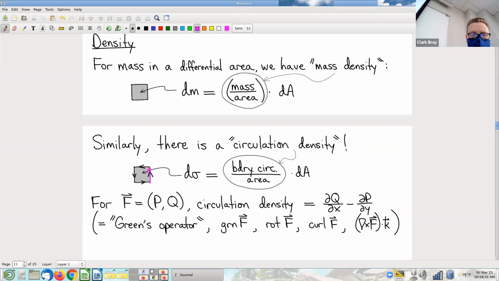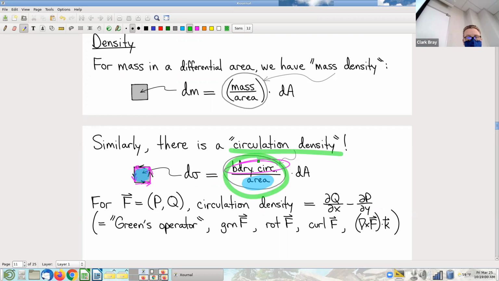I can talk about the boundary circulation on this little square. That boundary circulation contributes to the whole boundary circulation around some larger region, but that amount of boundary circulation per unit area gives a notion of density.